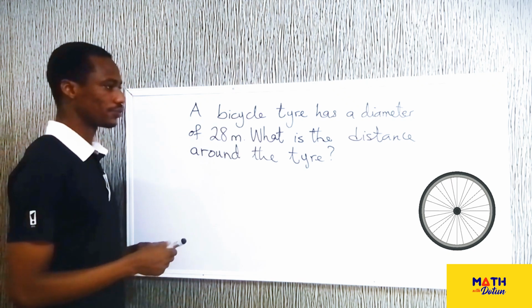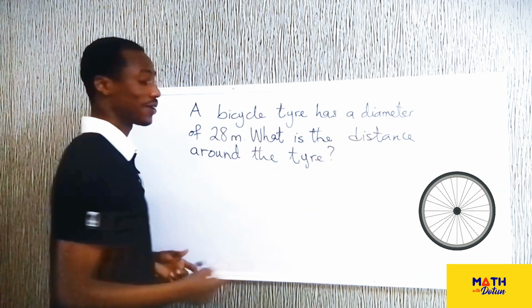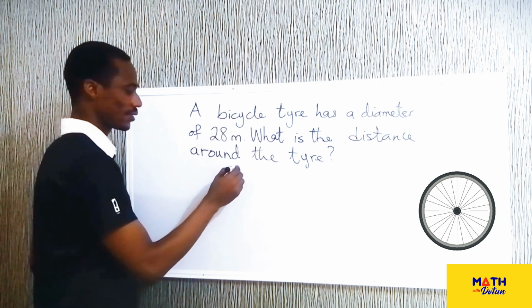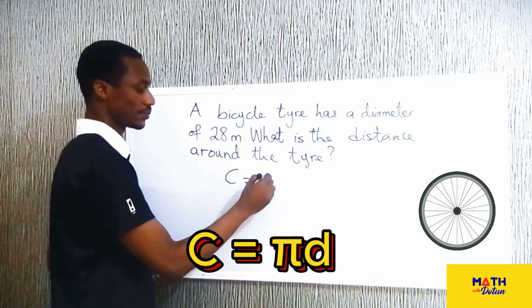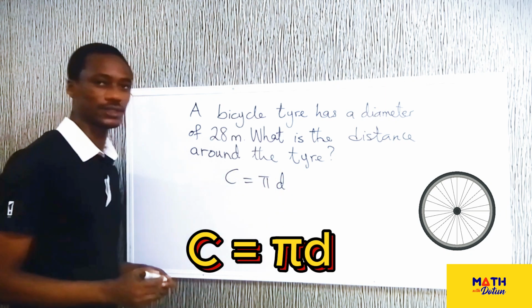So this is a question with diameter, and with diameter we know our circumference is pi times diameter.